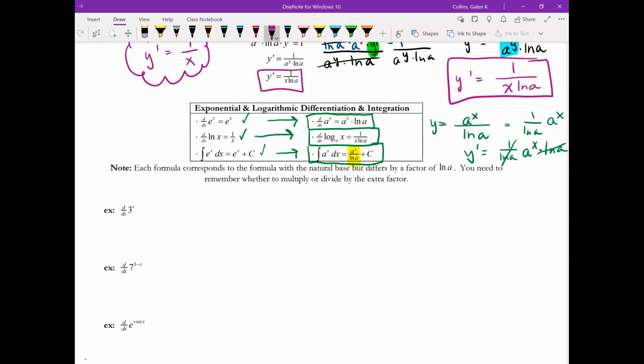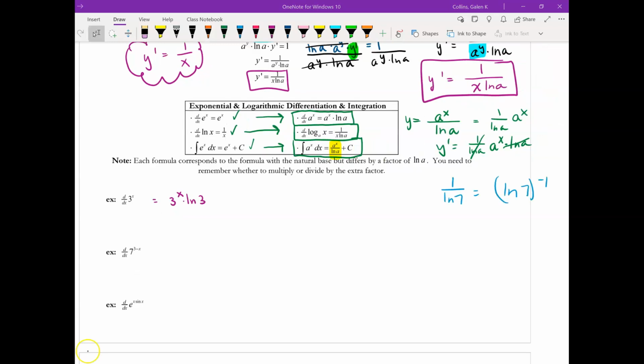So in this first example, when we're taking the derivative of the exponential 3 to the x, base 3, we could apply that very first rule. And we get 3 to the x times the natural log of 3. We have to be careful in the next example because we have 7 to the power of, I'm going to call it some junk. So 7 to the power of the junk.